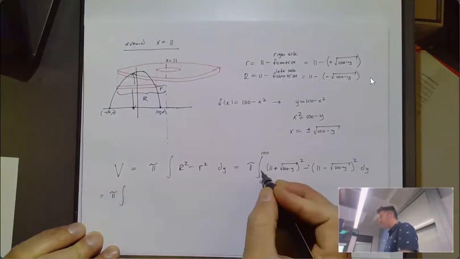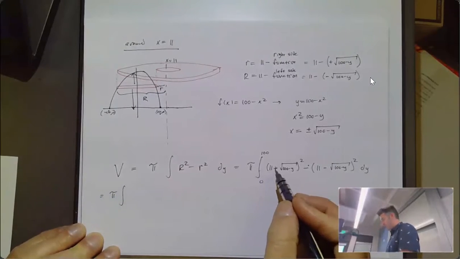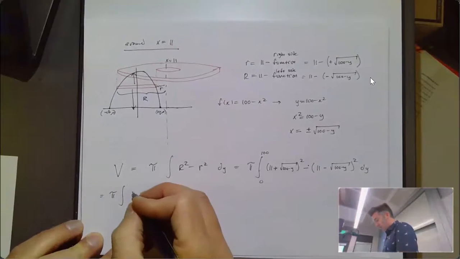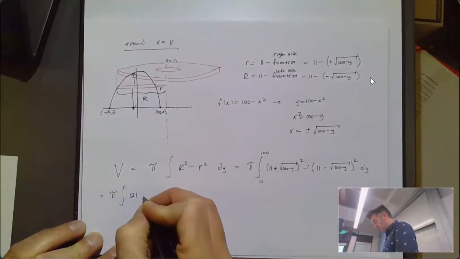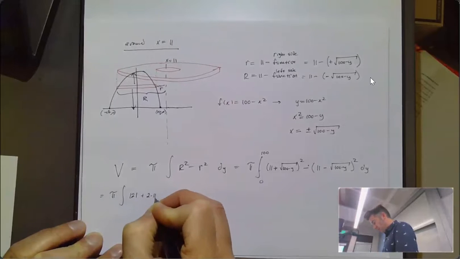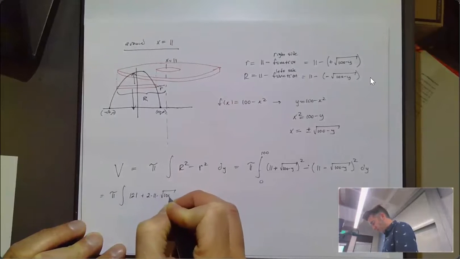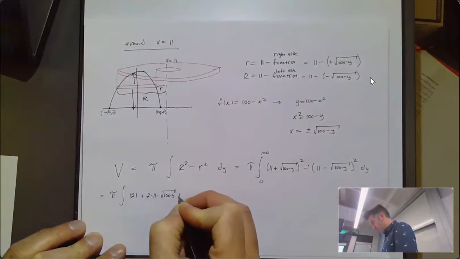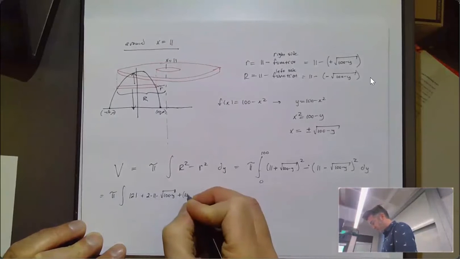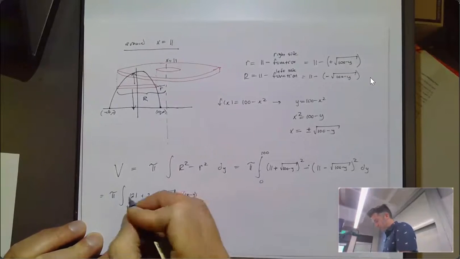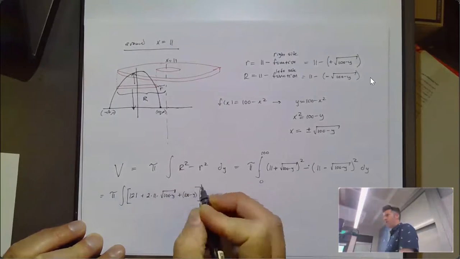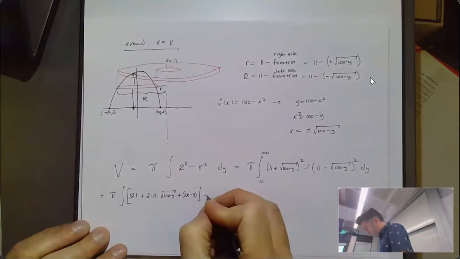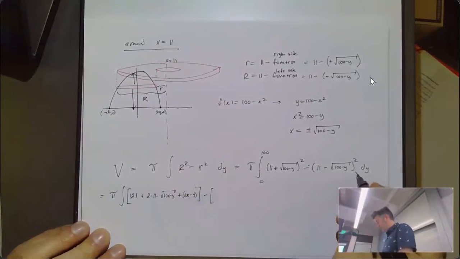So if you multiply this out, 11 plus the square root of 100 minus y, squared, is going to be 11 squared plus 2 times 11 times the square root of 100 minus y plus the square root of 100 minus y squared. So 100 minus y. Which looks awful, but just wait. Minus, then we're going to do the same thing here.